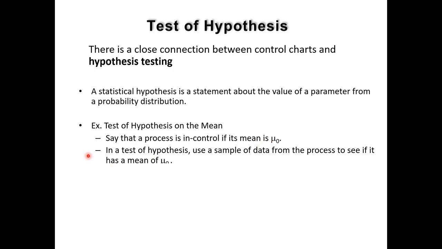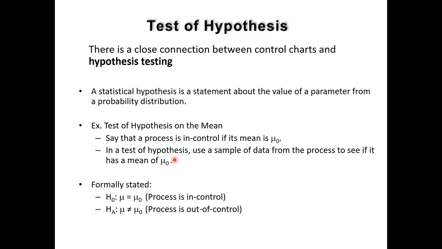In hypothesis testing, we use sample data from the process to see if the mean of this sample is also equal to the process mean. So we write the null hypothesis: mu equals mu naught. When this happens, the process is said to be in statistical control.